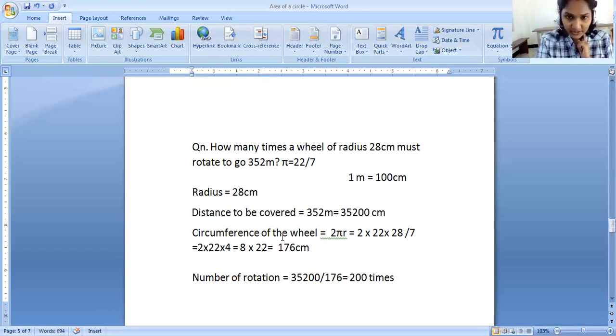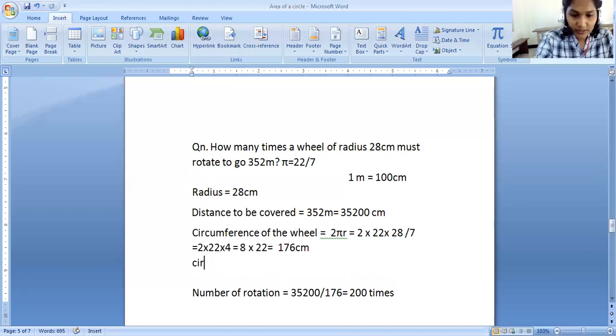Actually the circumference of the wheel is equal to the distance covered in one rotation of the wheel.